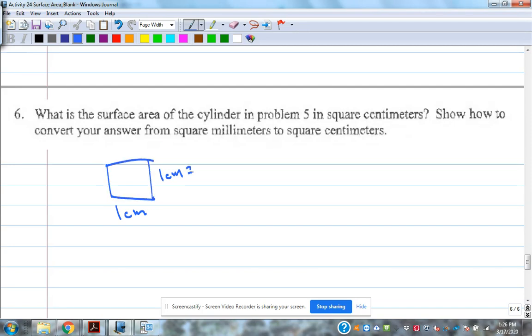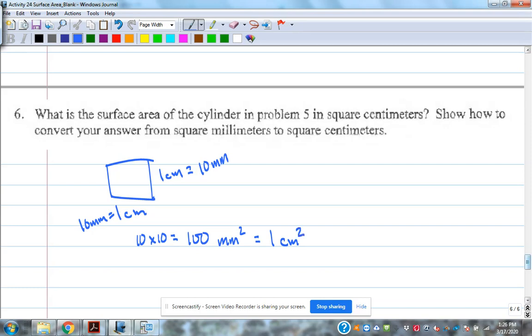How many millimeters are in a centimeter? 10. So how many square millimeters are there in 1 square centimeter? It's 10 times 10, which is 100 square millimeters equals 1 square centimeter. That's how that works, okay?